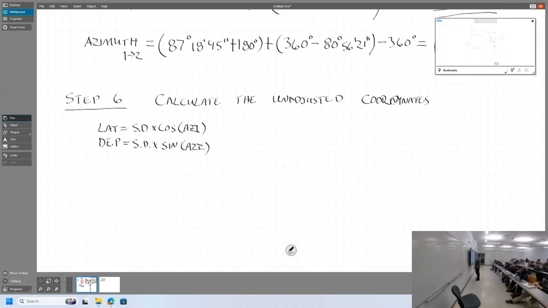Our starting point for north and east is going to be 5,000, 5,000. We could go 10,000 or 20,000. You can just give it arbitrary numbers to see if this works.